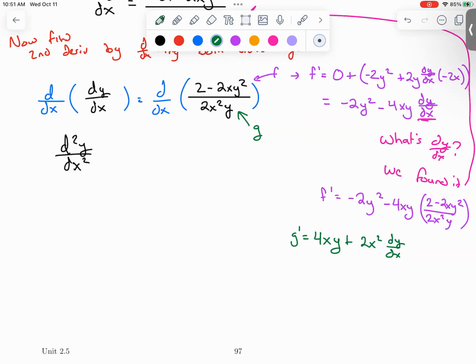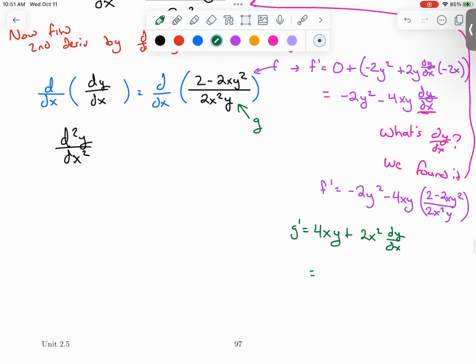You guys are champs. We're going to finish this one and then cry. We're going to have a good cry together, and then we're going to be okay. So that's going to be 4xy plus 2x squared times (2 minus 2xy squared over 2x squared y). Whoa, Nelly! Whoa, Nelly!